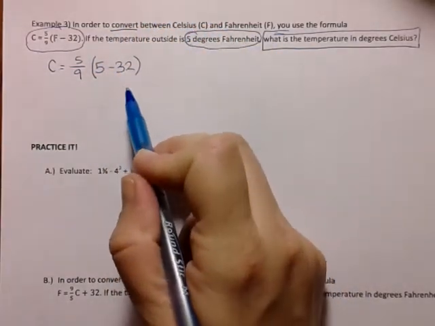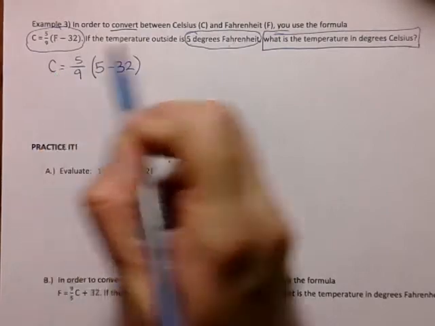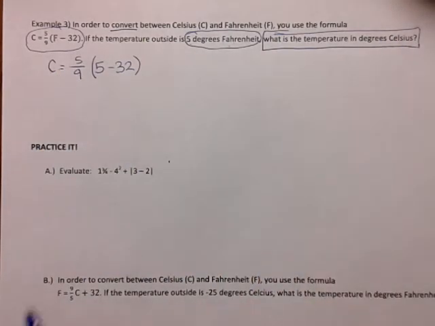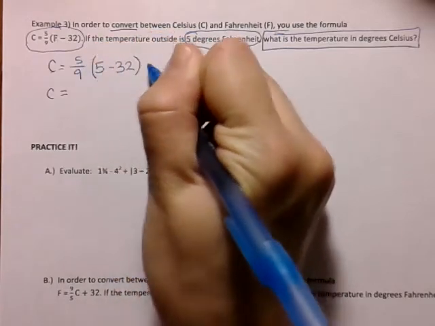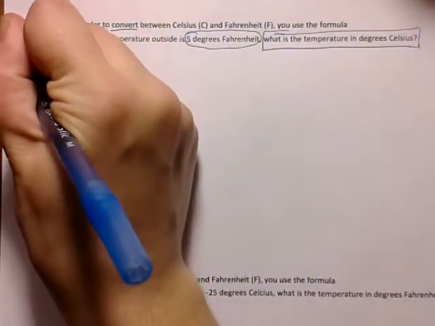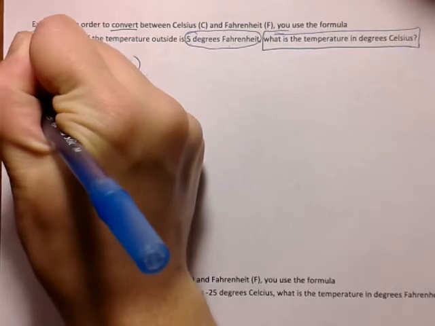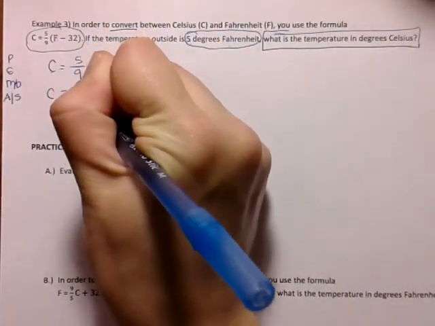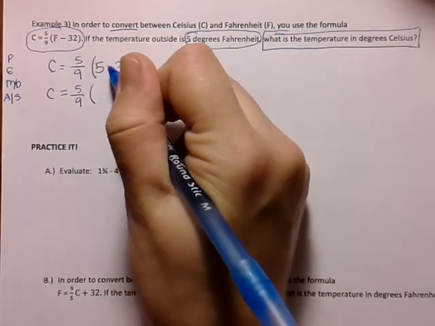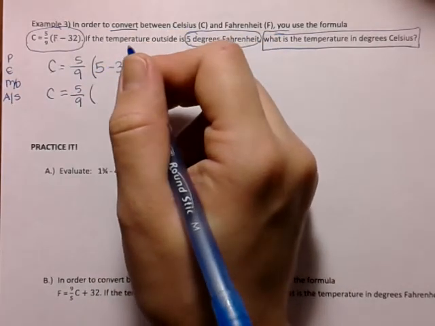Now I'm ready to use my order of operations to find out what the degrees Celsius would be. So then I have C equals, I'm going to do parentheses first because that's my order of operations. Parentheses first, so 5/9, and then I'm going to do 5 minus 32.